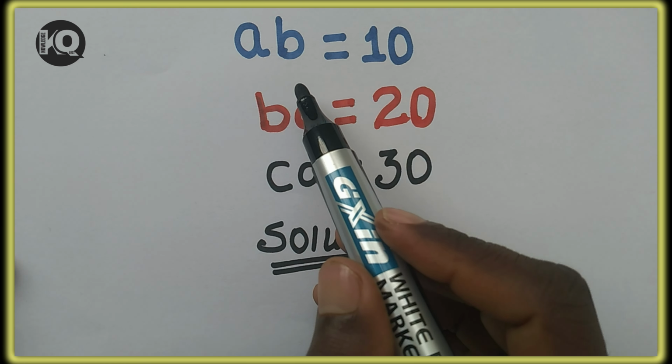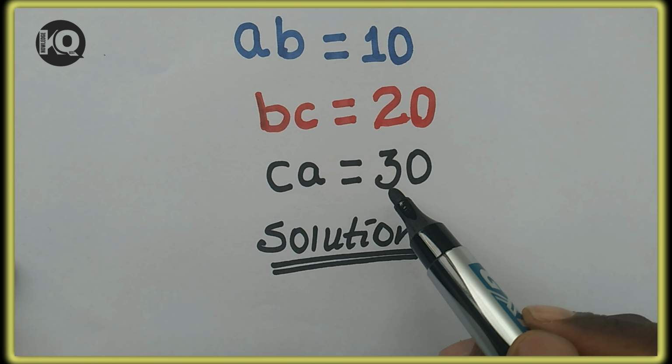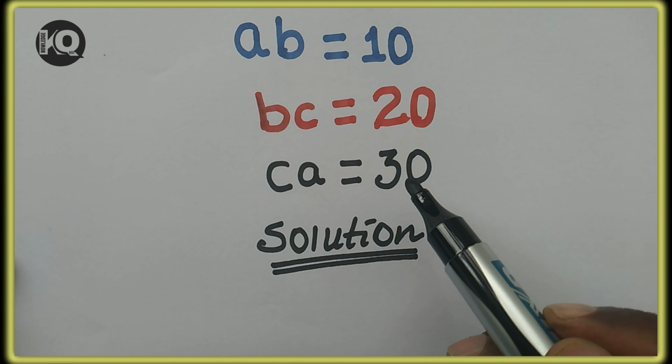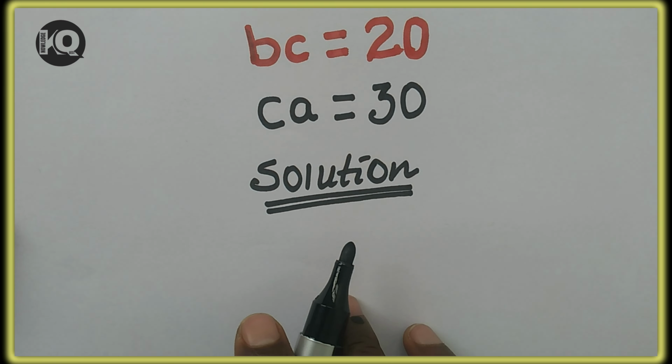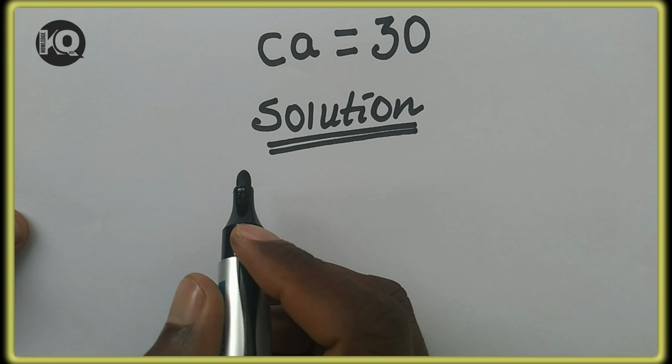So we have AB = 10, BC = 20, CA = 30. So let's go to the solution. In the first step, we have to assign each equation.